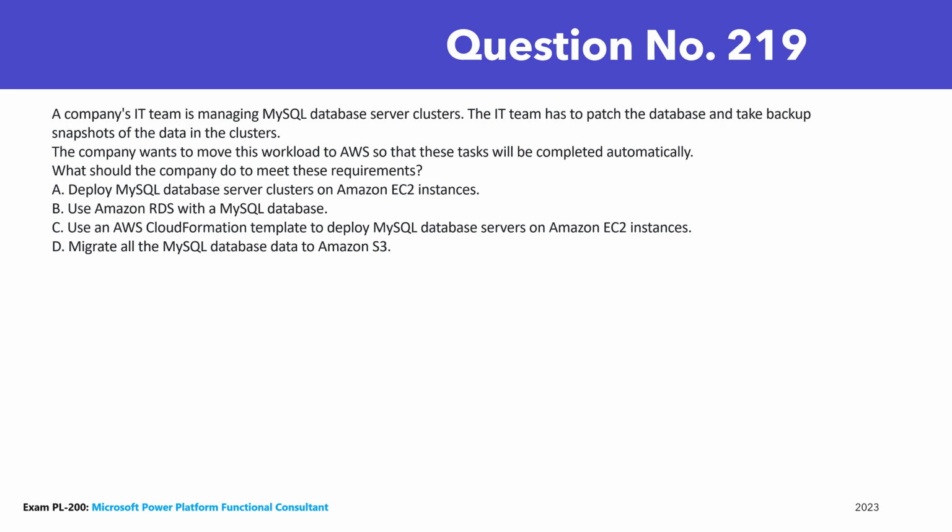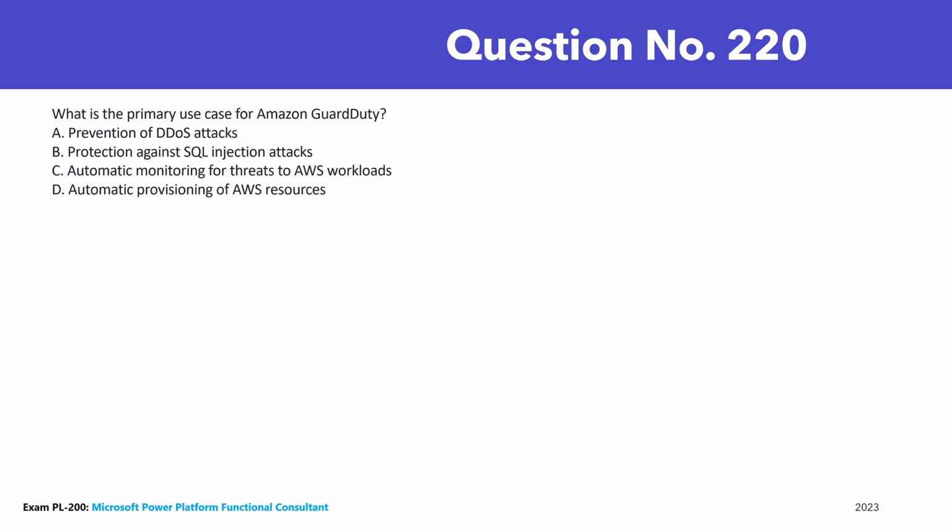B. Use Amazon RDS with a MySQL database. C. Use an AWS CloudFormation template to deploy MySQL database servers on Amazon EC2 instances. D. Migrate all the MySQL database data to Amazon S3. Correct answer, B.